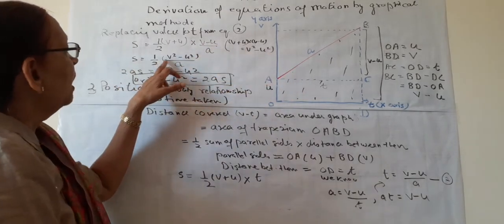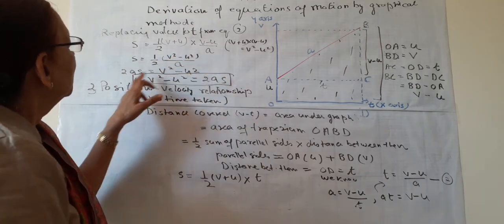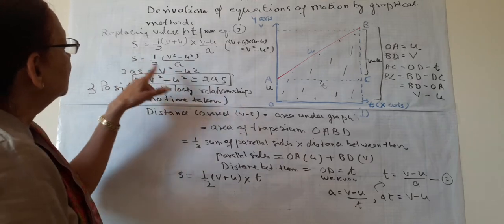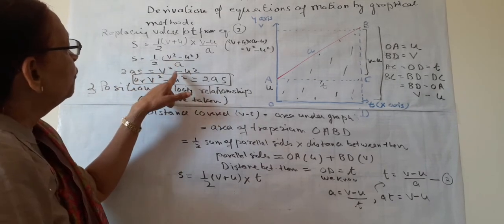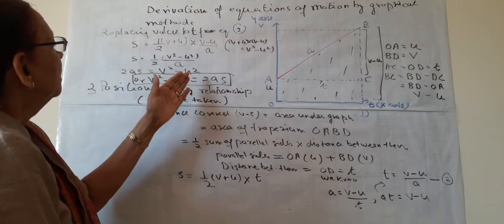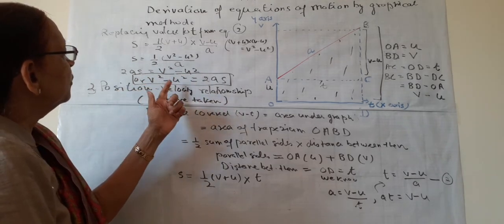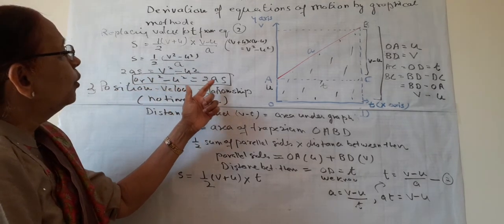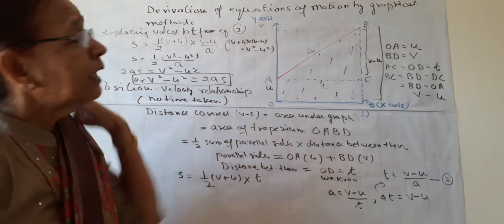So s will be half (v square minus u square) upon a. Now rearranging this, 2as is equal to v square minus u square. So v square minus u square is equal to 2as, which is our third equation of motion.